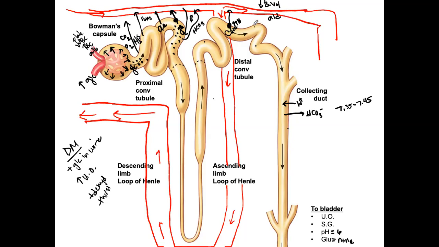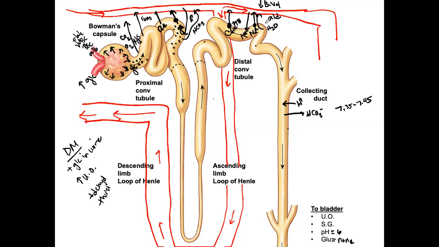Aldosterone is going to cause you to pull in sodium, and I would write it in a different color, and what's going to follow it? Good. Water is going to follow it. Also, I want to add to that you kick out potassium, right? So you kick out potassium because of aldosterone as well.